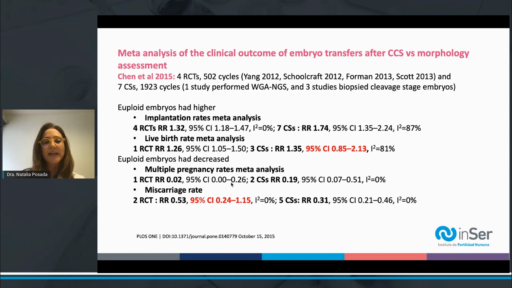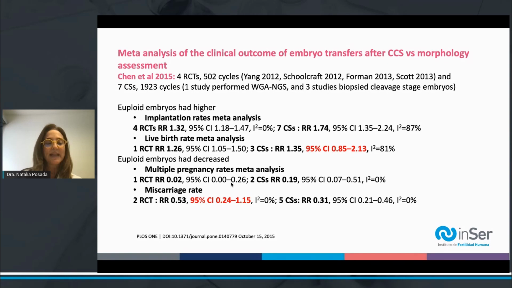The live birth rates for 1 RCT showed a relative risk of 1.26, which was significant, and for 3 observational studies, a relative risk of 1.35, in other words, a 35% increase in live birth rates. However, the confidence intervals were not significant, and there was high heterogeneity in this meta-analysis.